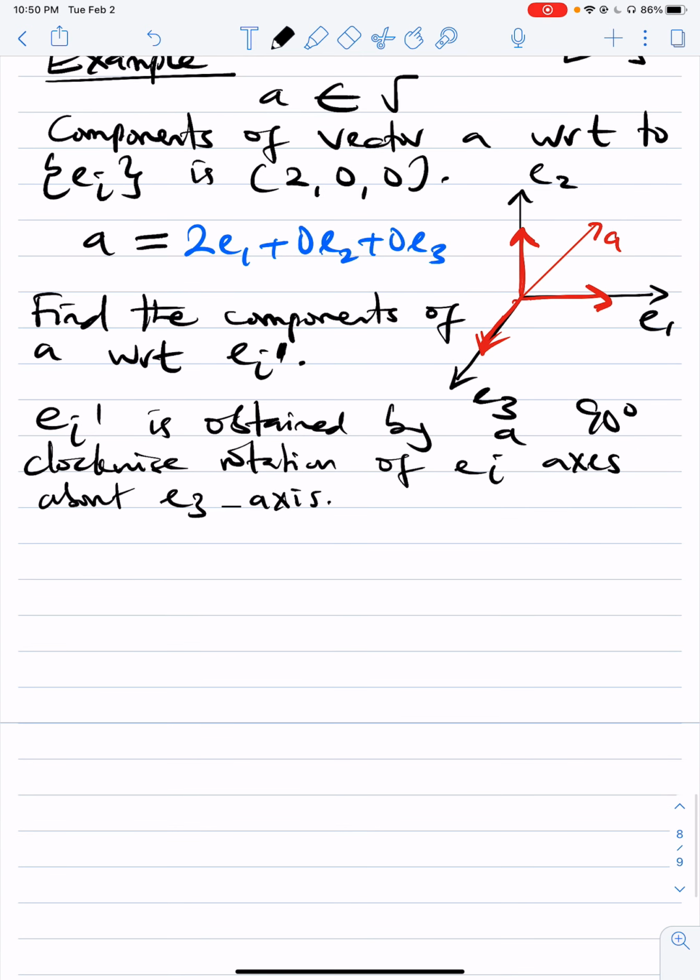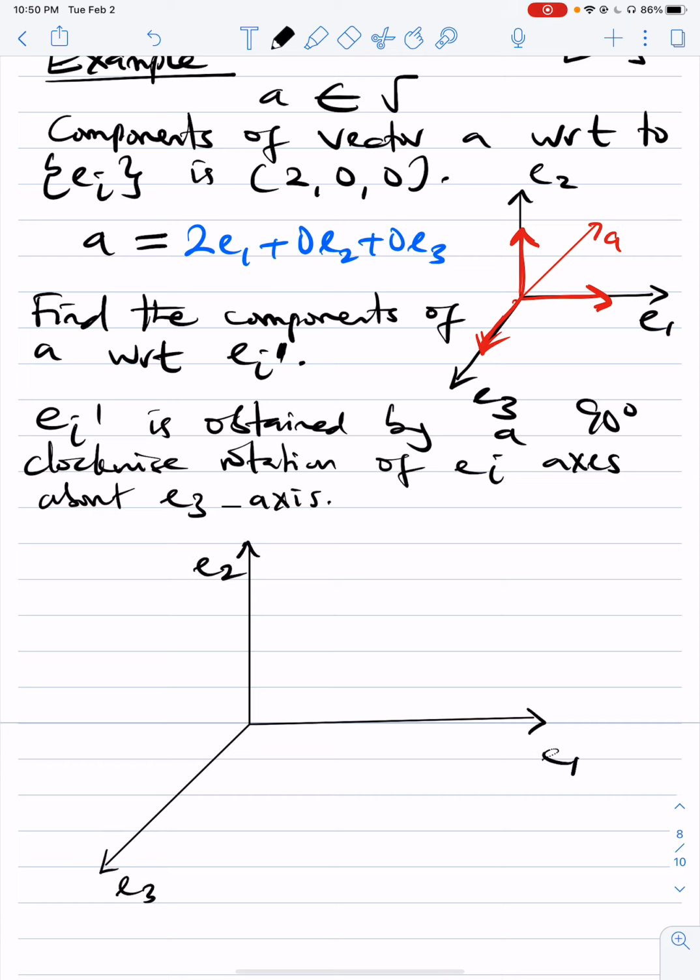I like to picture things, draw them out, so things are very clear to understand. E3, E2, E1. This question is quite straightforward, right? We already have the components of A. We have A as 2E1 plus 0E2 plus 0E3. So A has been defined with respect to the coordinate system E1, E2, and E3.